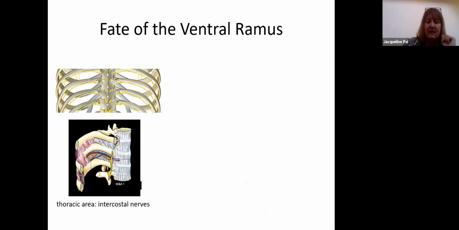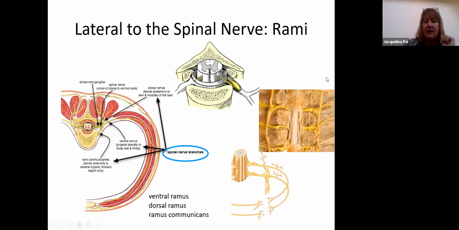And then the other thing you can see, parallel to the spinal cord, are the yellowish nerve structures, which are going in a superior inferior direction. And those are going to be branches coming off that third spinal nerve branch, the rami communicans.